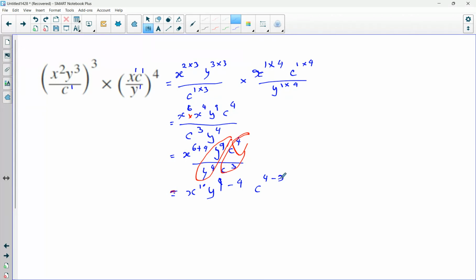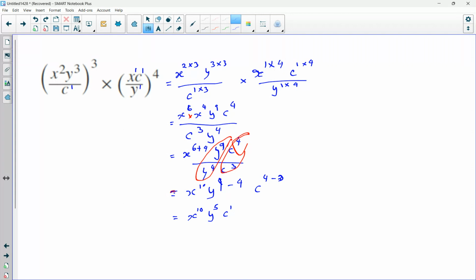So you don't have to write the y's and the 3's from the bottom because it all combines together inside of that one letter in the numerator. So then this becomes x 10, y 5, and c 1.